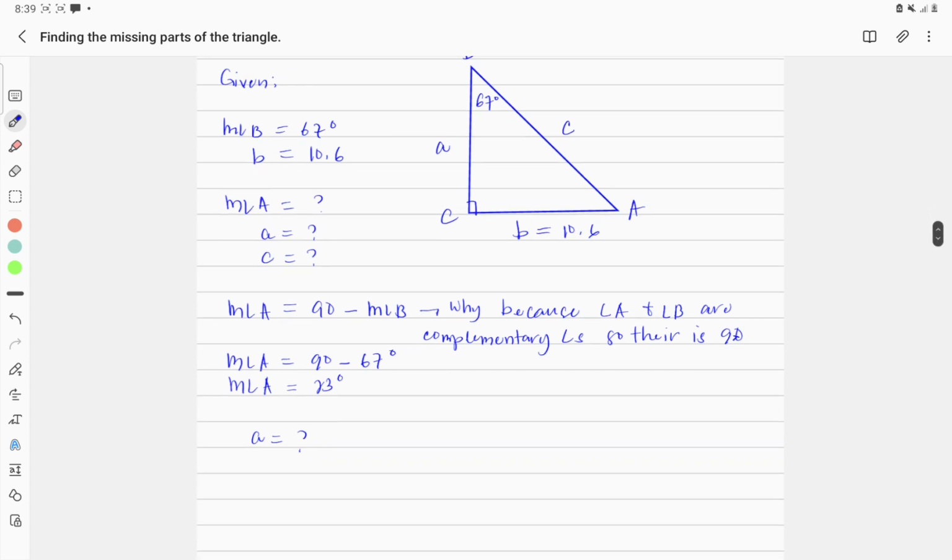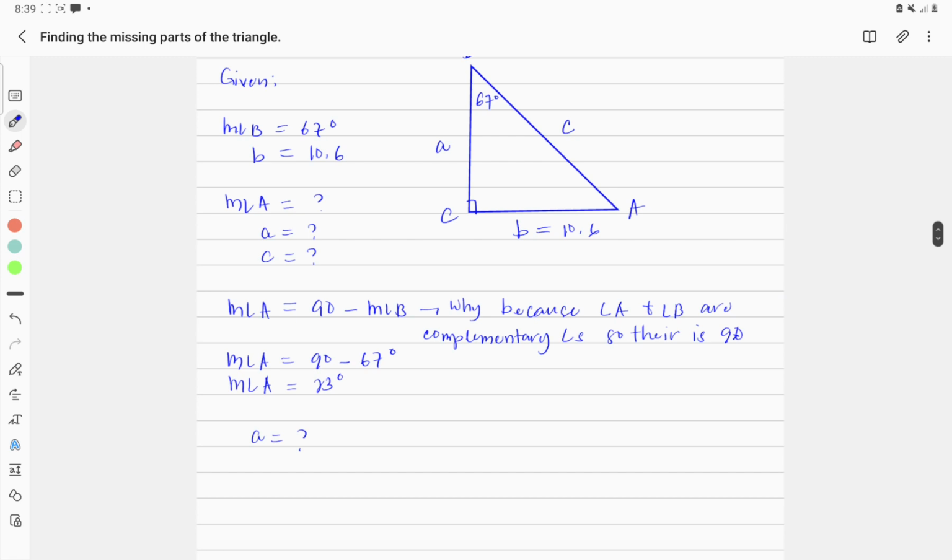So therefore, we will be using the cosine function.